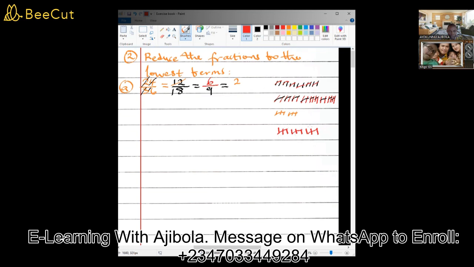How many groups are here now? This is the first group, the second group, the third group. So how many groups can you see on the board? 3 groups. It's 3. 1, 2, 3.